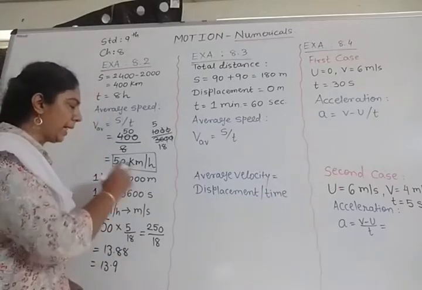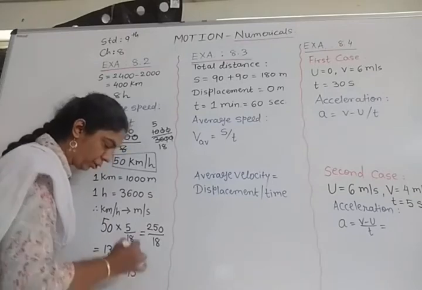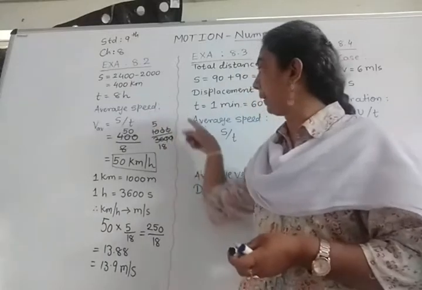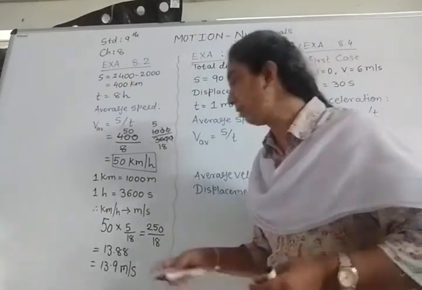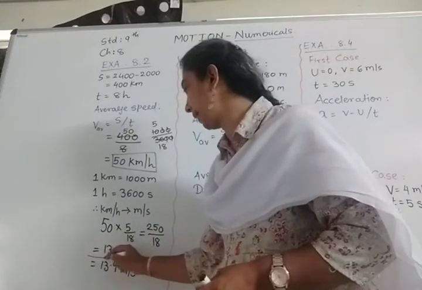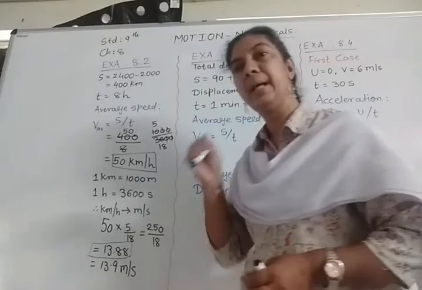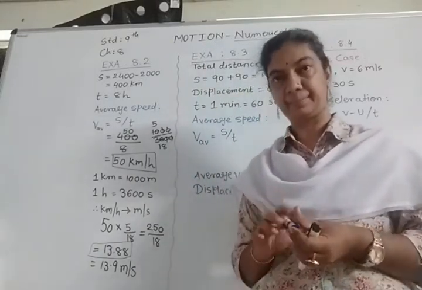The unit I have to write down over here is meter per second. So I have converted this 50 kilometer per hour into meter per second, and I got the answer as 13.88, or 13.9 meter per second.